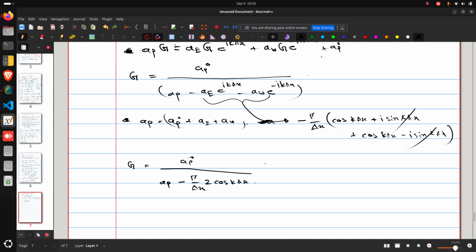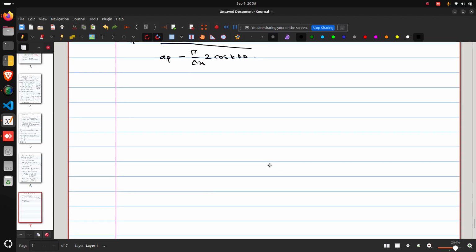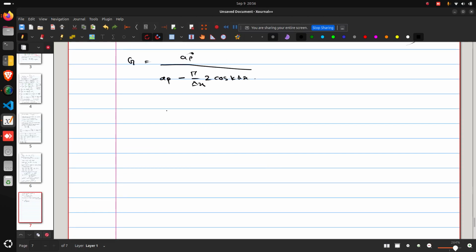Alright, now what do we have for a stable scheme? We have to see that the modulus of the amplification factor should be less than or equal to 1. So what does this tell us?